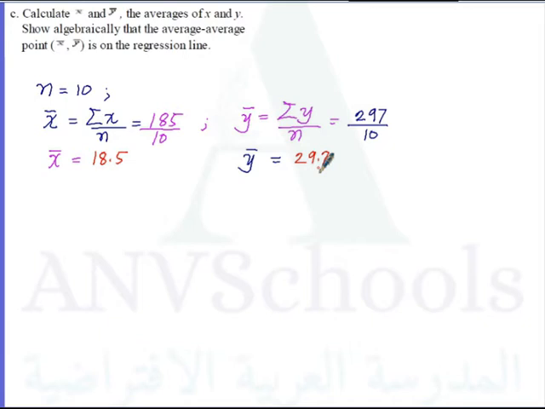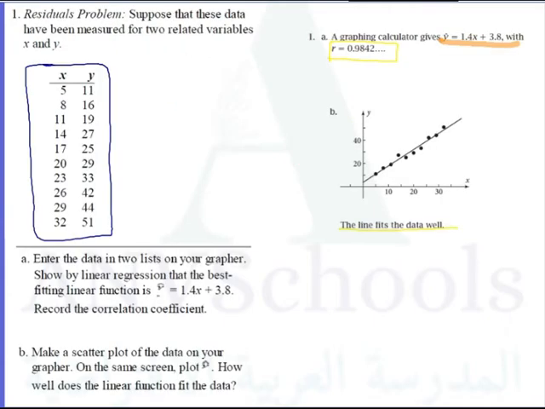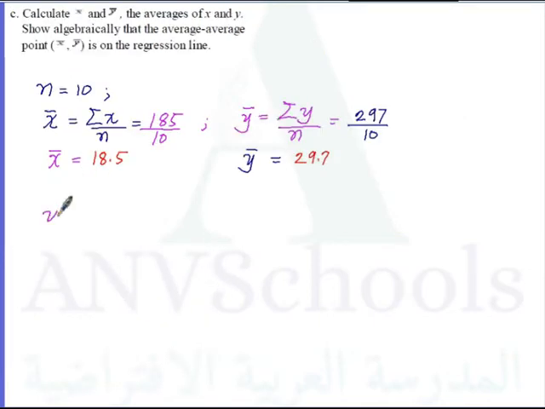Show algebraically that the average point (x bar, y bar) is on the regression line. Now let's take note: what is our regression line here? Our regression line, taken from the grapher, is y equals 1.4x plus 3.8.